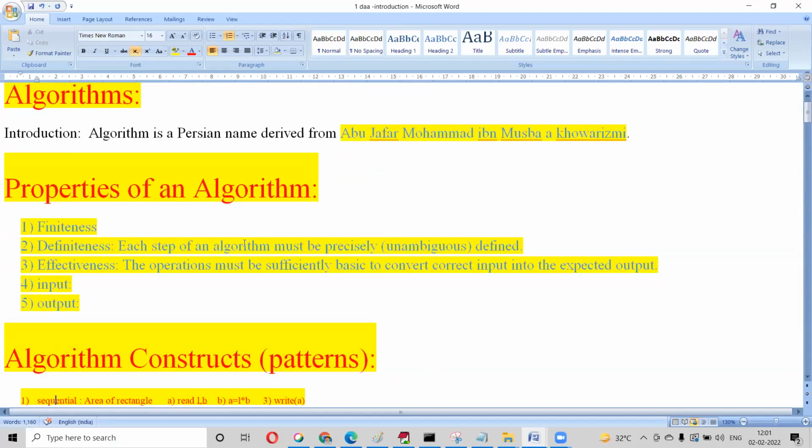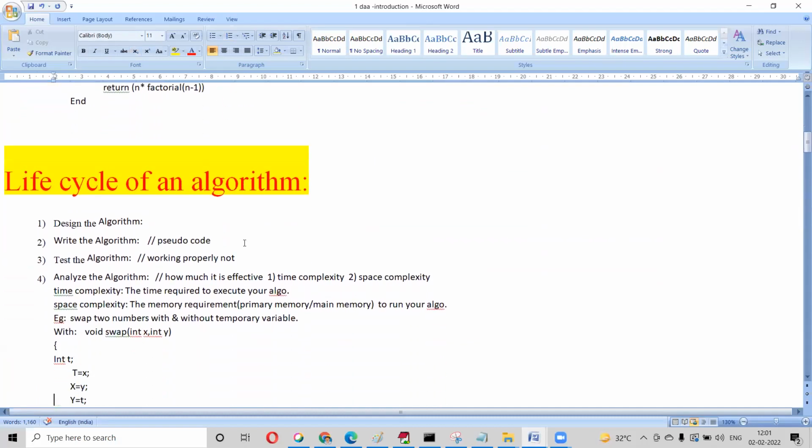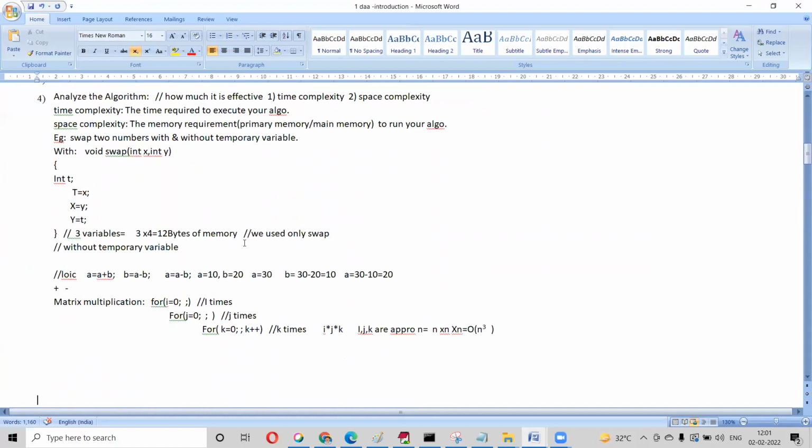From that point of view, there is a scientist named Strassen, who did some good mathematics. By using operations such as additions and subtractions, he tried to reduce the time complexity to big O of n power 2.81.